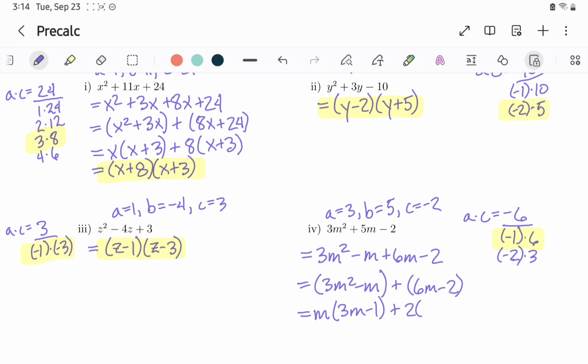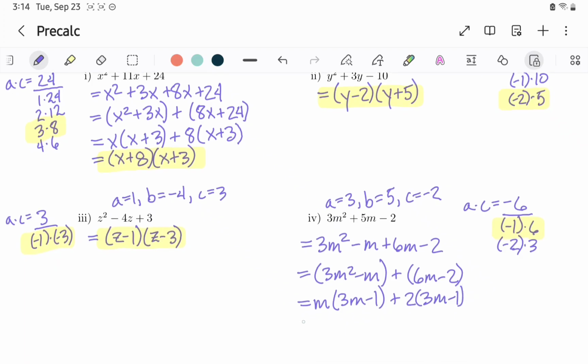And when we pull out a 2 from 6m and minus 2, what we're left with is also 3m minus 1. So we can once again use the distributive property in reverse to say that we have, for one of our binomial factors, m plus 2, and for the other one, 3m minus 1.